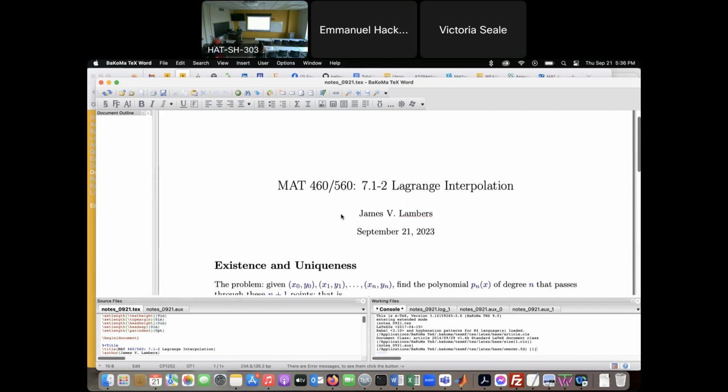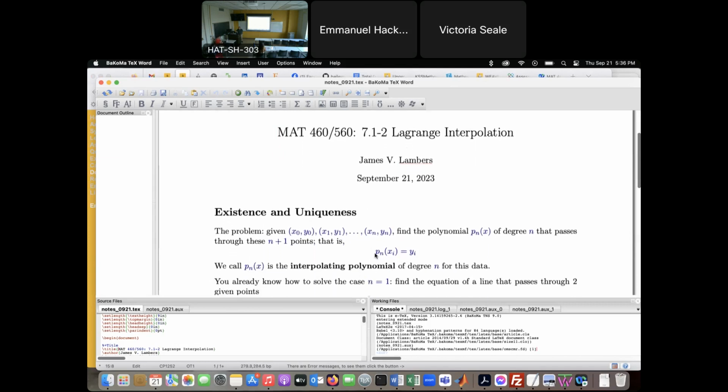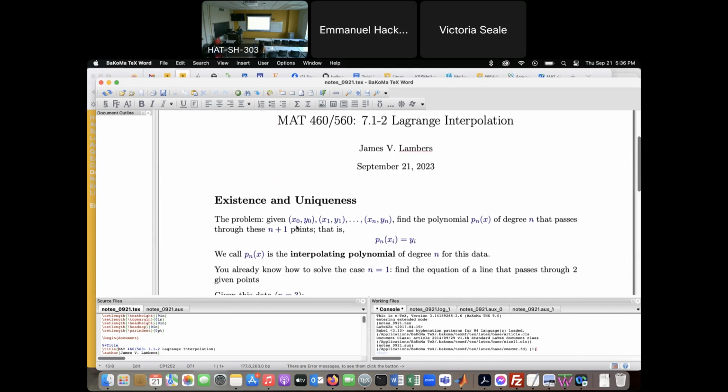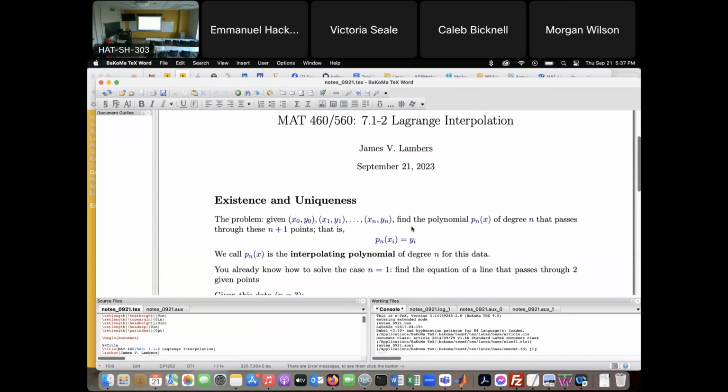Okay, so a problem that we're focusing on now is this. We're given n plus 1 points in the plane, so x coordinates and y coordinates. And the goal is to come up with a polynomial of degree n that passes through each of these points. So in other words, it has to satisfy these conditions.